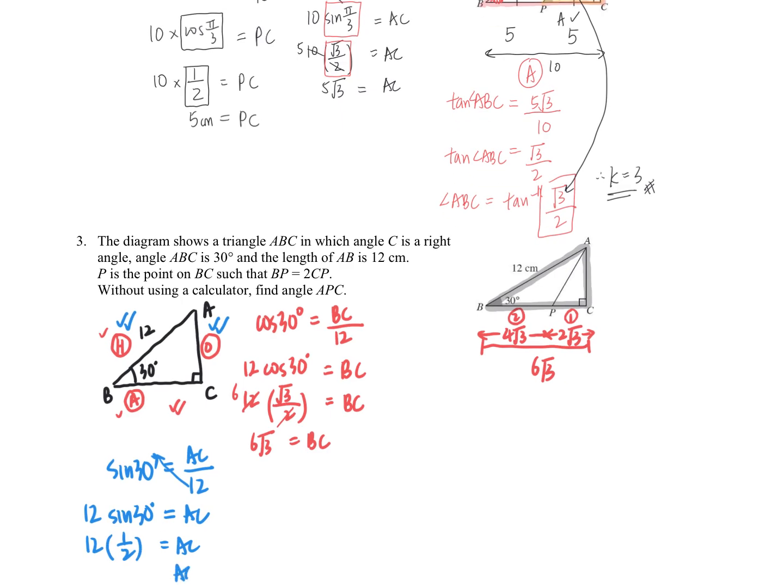So AC is just 6 cm. So I put it here, 6 cm. So they say without using a calculator, can you tell me what is the angle APC? So now we zoom into the small triangle, this one. So I redraw it.